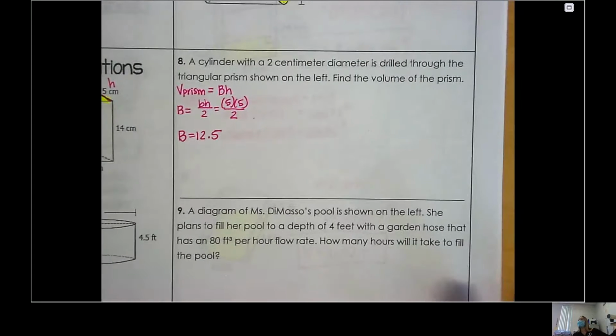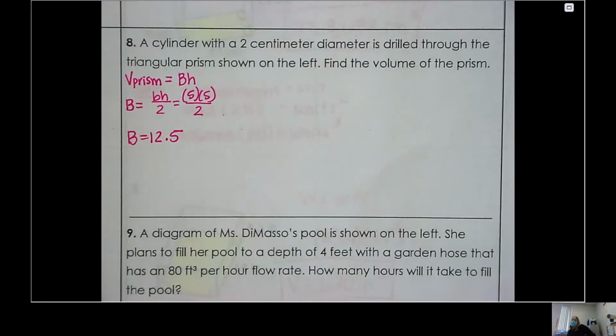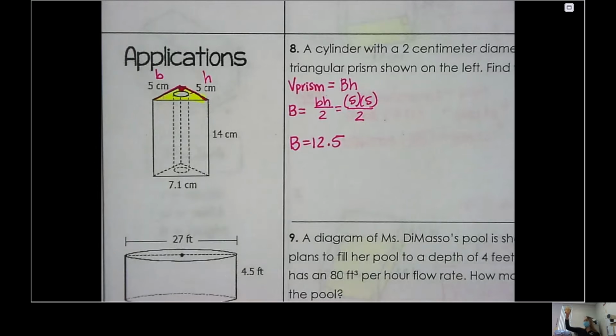So question number 8 says, a cylinder with a 2-centimeter diameter is drilled through the triangular prism shown on the left. Find the volume of the prism. So we had a triangular prism, and we took that prism, we drilled a cylinder hole into it.